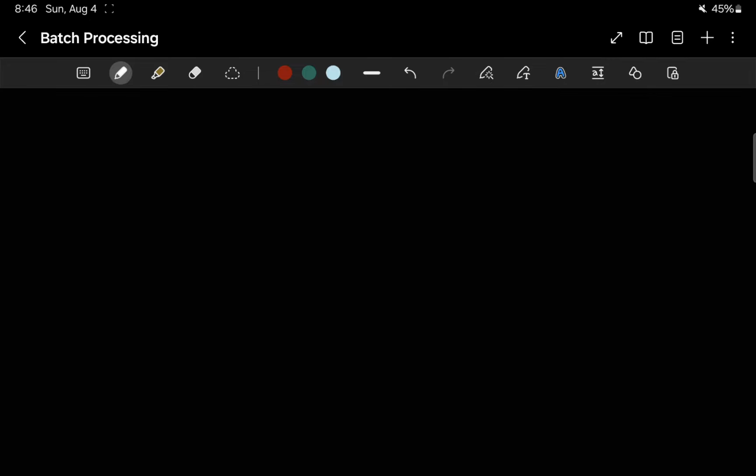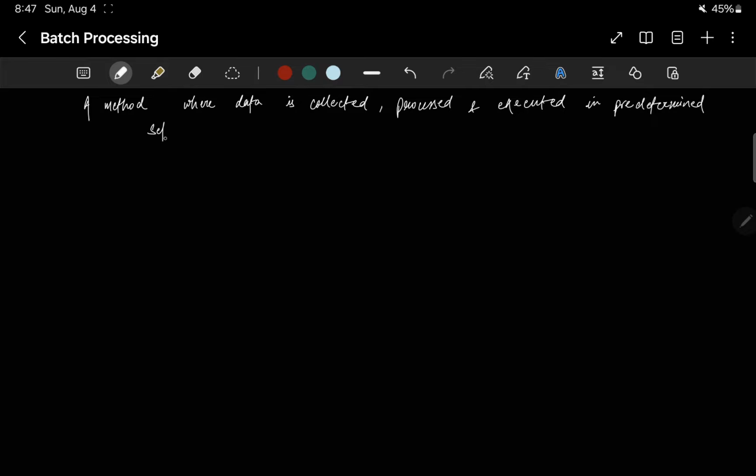Okay, so batch processing, what is it? It's a method where data is collected, processed, and executed in predetermined sets known as batches.